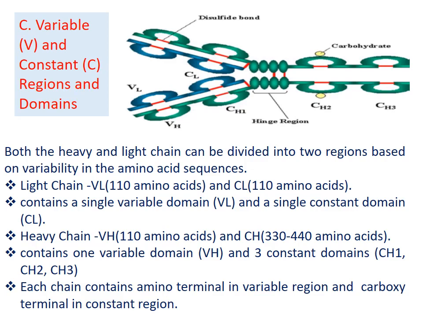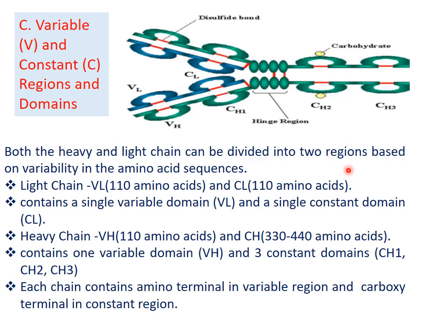Now there are variable and constant regions, or we call them variable and constant domains. Both the heavy and light chain can be divided into 2 regions. What is the source of the name variable region?